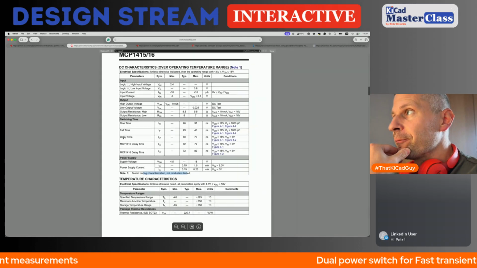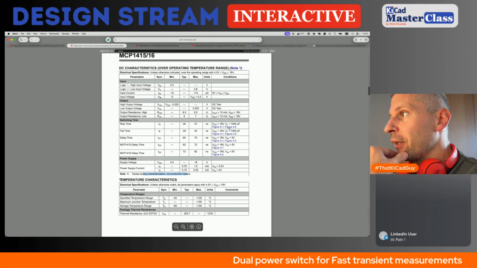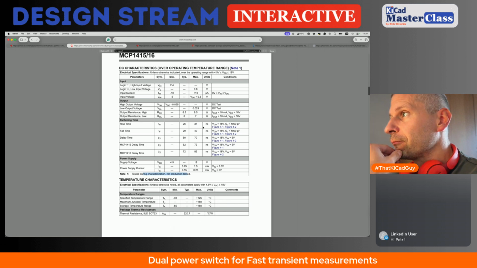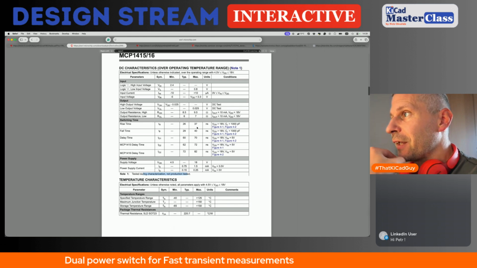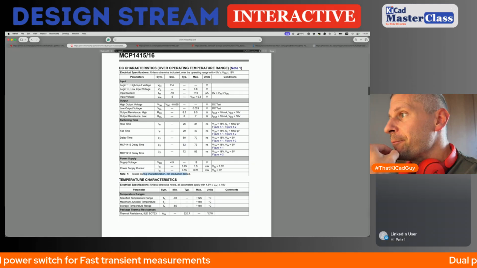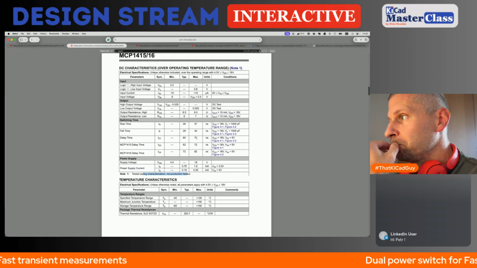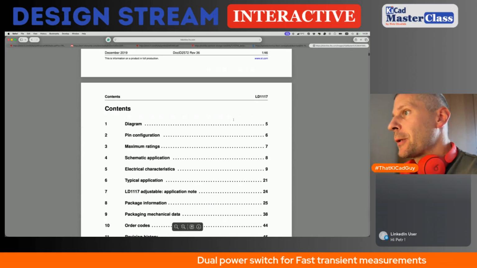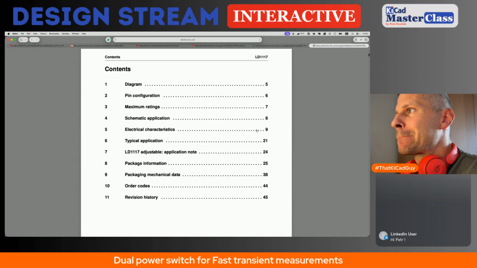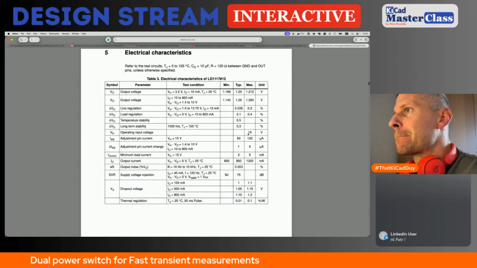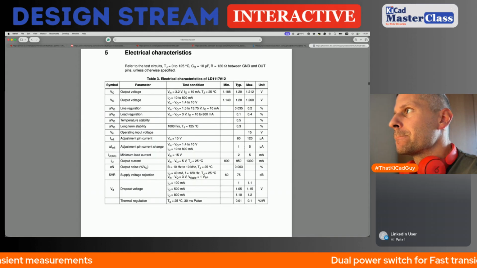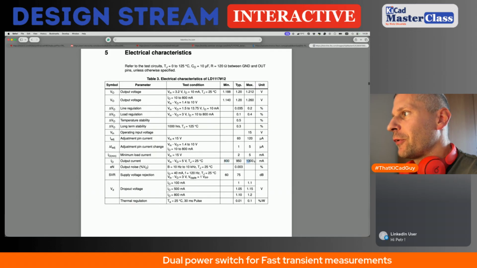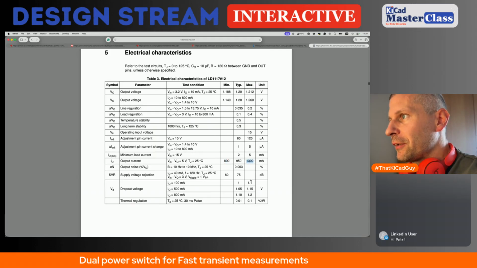As we checked, the transition takes like tens of nanoseconds. So I think we can be good to go, but I have to check it. Output current is minimal 800, maximal 1030.